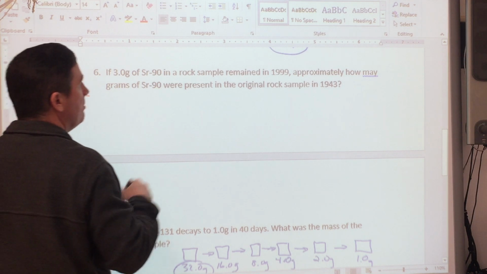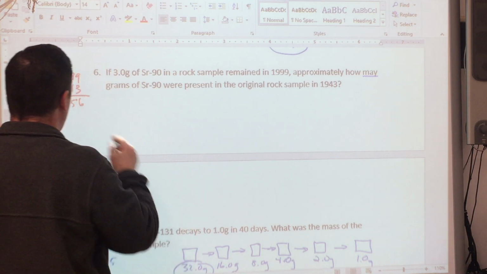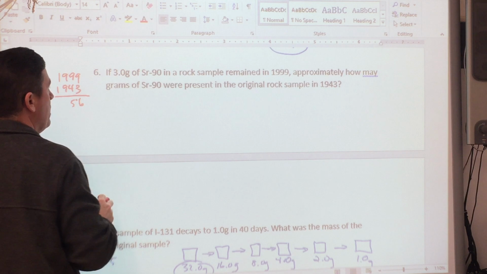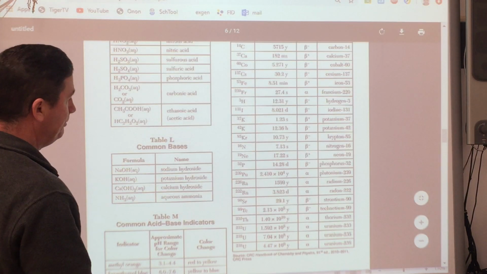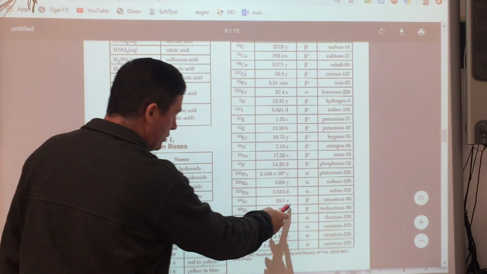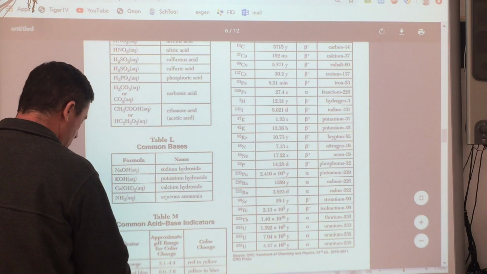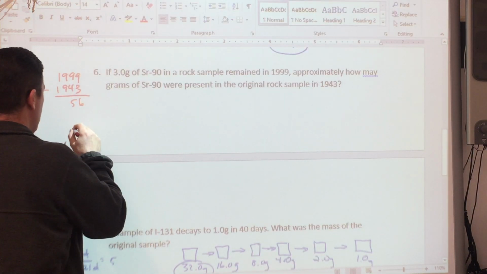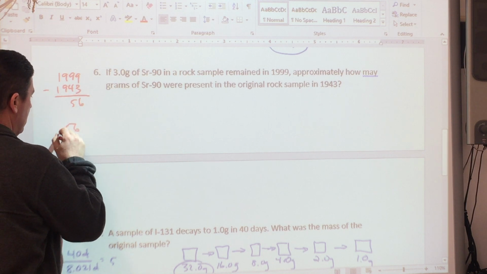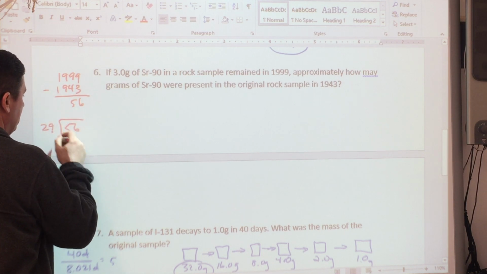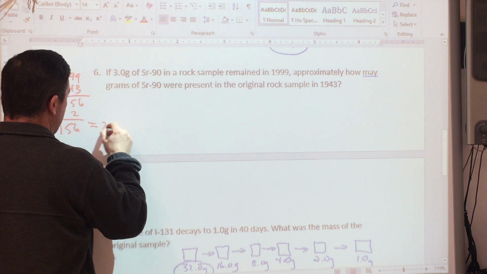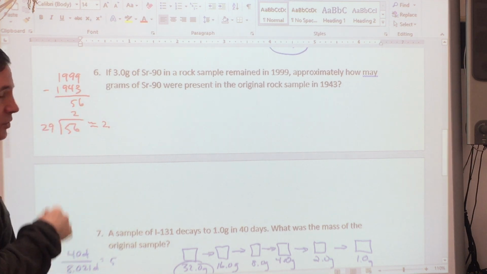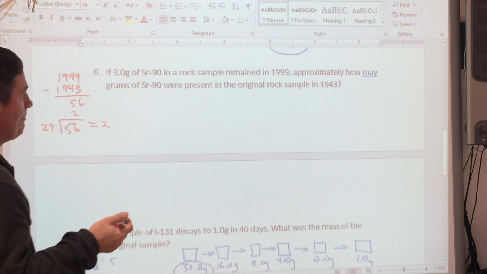Okay, so I have to look up strontium-90 in table N. Strontium-90, 29.1 years. So 56 divided by 29 is about 2. It's not very close, but it's about 2. So 2 half-lives.